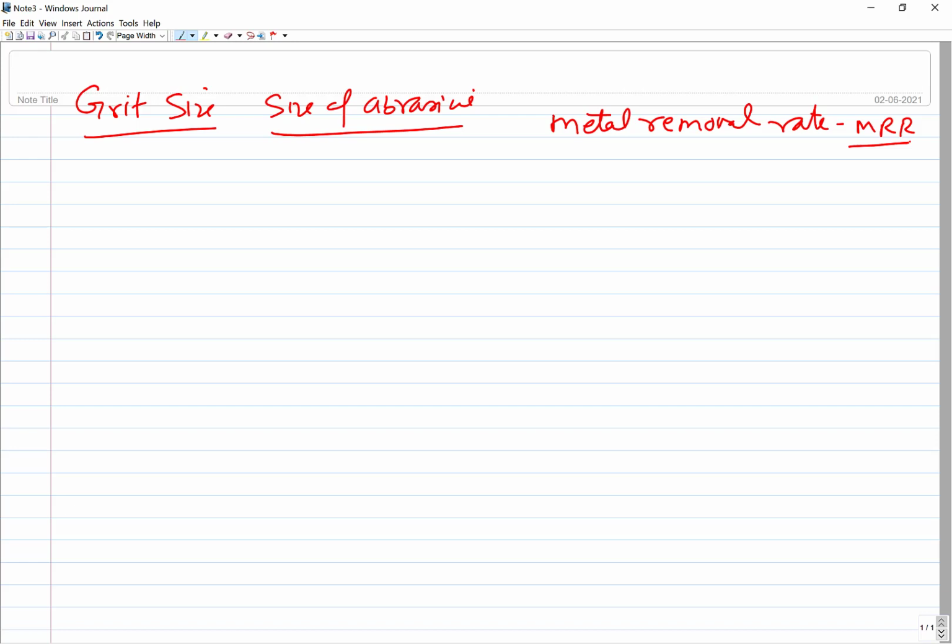If your material is removed rapidly, you will be getting the desired tolerance, desired size, desired finish quickly. But the MRR is one thing and the surface roughness is another. It is the surface roughness which is quantified, not the surface finish.